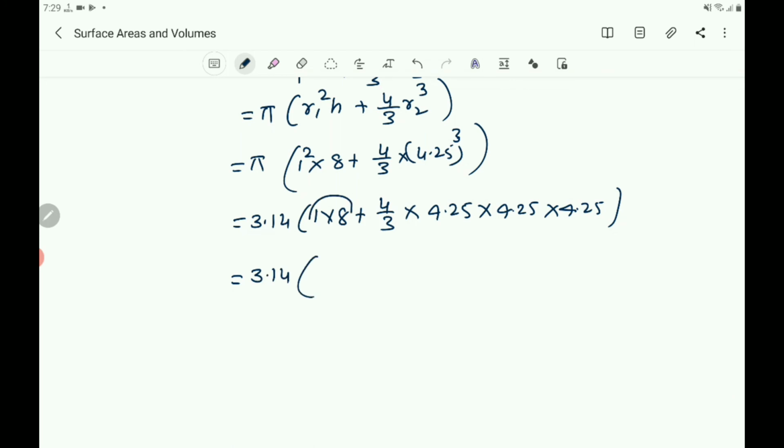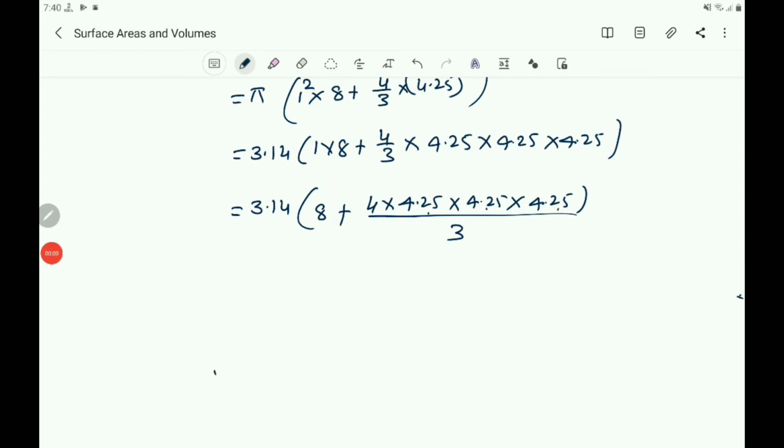That equals 3.14 into 1 into 8 is 8. Then the product of these: 4 into 4.25 into 4.25 into 4.25 by 3.